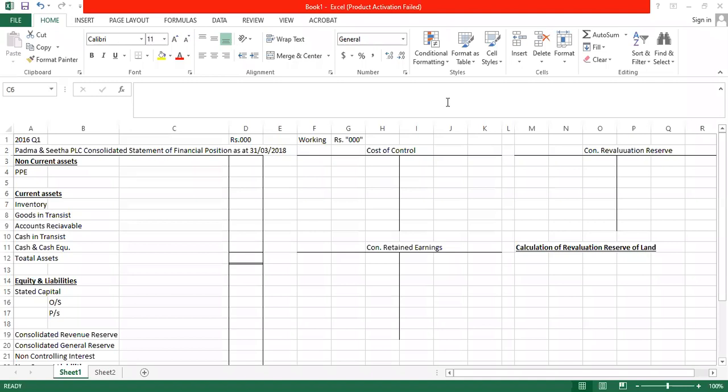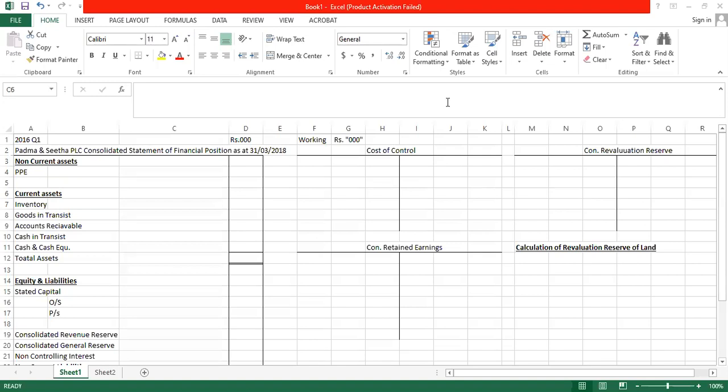It means one year after the acquisition, the balance sheet is given in rupees 1,000. All the information under the balance sheet, assets, non-current liabilities, current assets, all are given. Separate balance sheets are given.